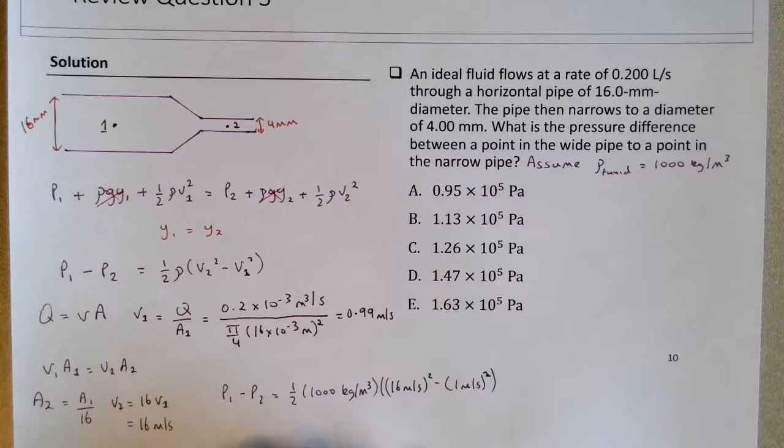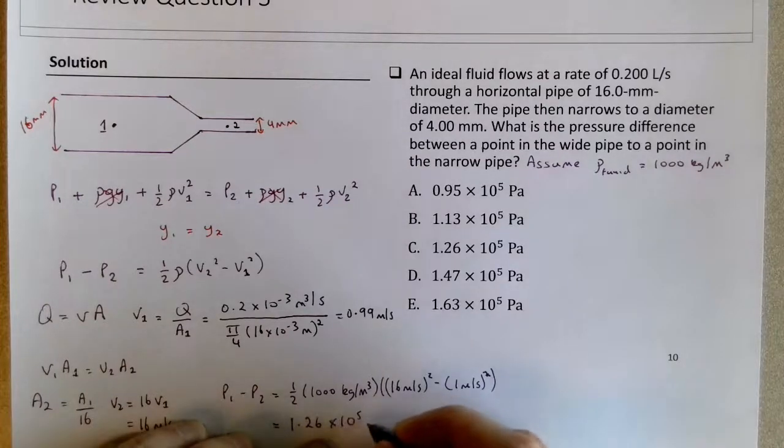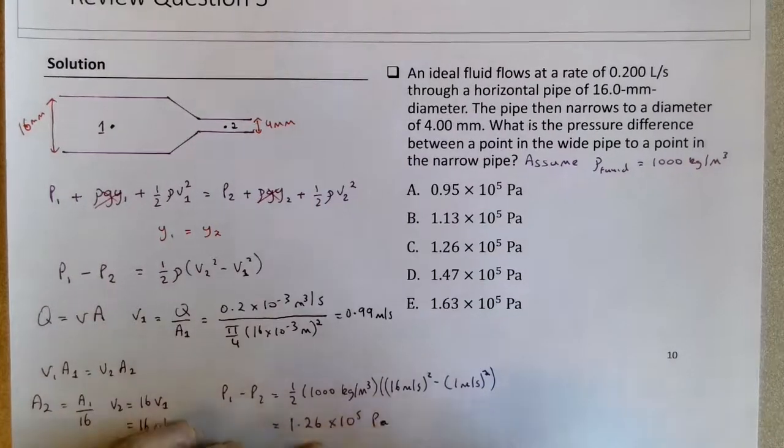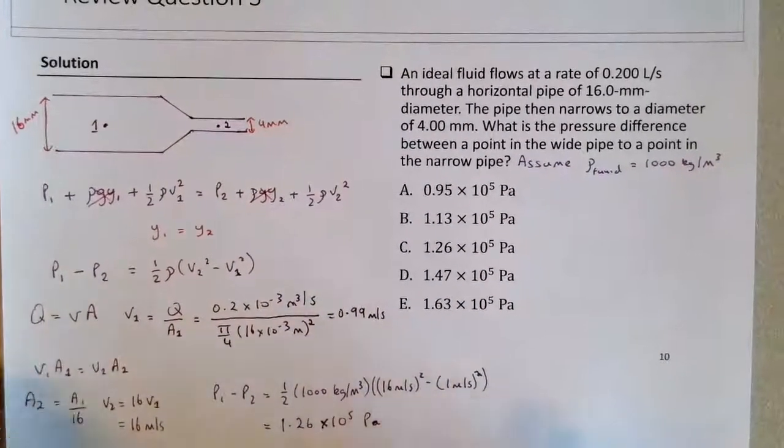I believe this gives you a pressure difference of 1.26 times 10 to the 5 pascals. So the pressure at point 1, as we should predict, is higher. It's higher by 1.26 times 10 to the 5 pascals. It's a pretty significant difference.